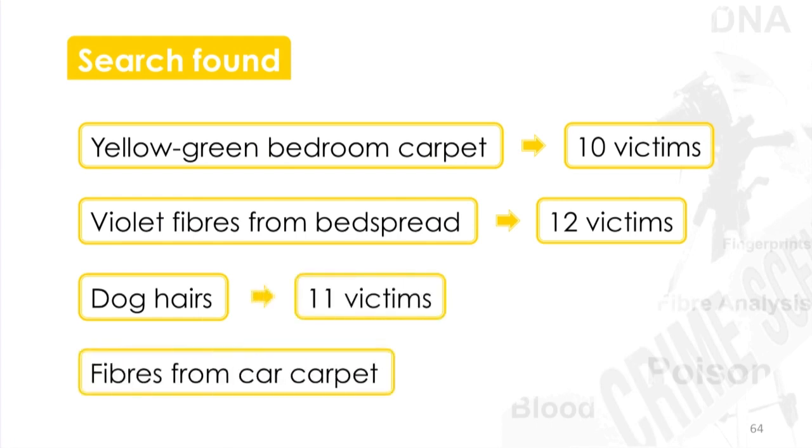Fibers from his car carpet were found on 8 of the victims. So one single kind of fiber is not overwhelming evidence, but when you take all this fiber evidence in its totality, it appears to be very strong. And Wayne Williams was convicted and remains in prison to this day.